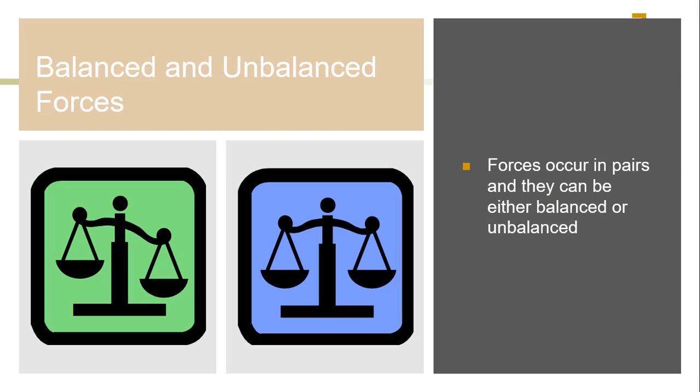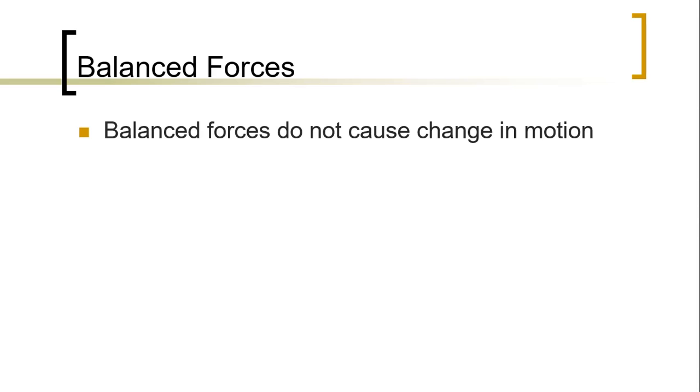So balanced and unbalanced forces, we're going to speak first about the balanced forces, okay? Let's recall what we have already mentioned in the example of skydiving, right? When you just drop yourself from the airplane, the gravity was more than the air resistance, so this time you speed up.